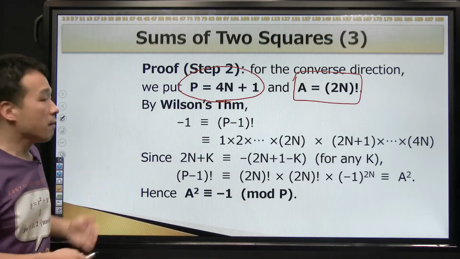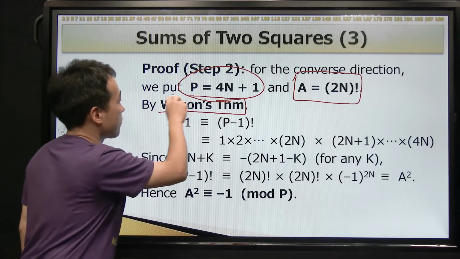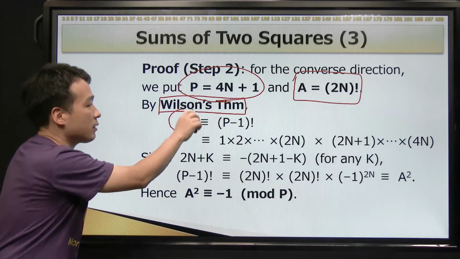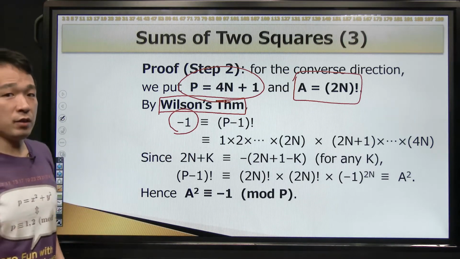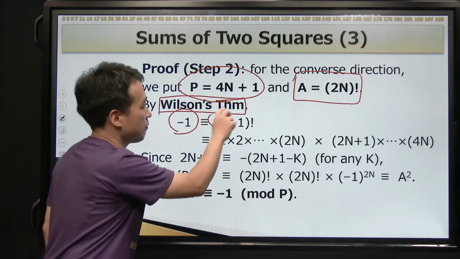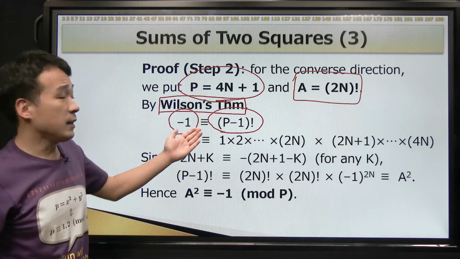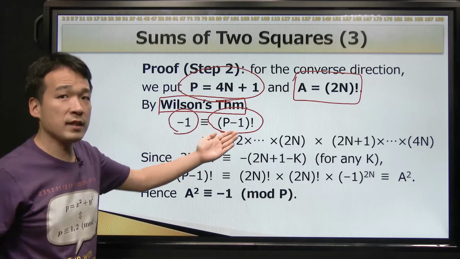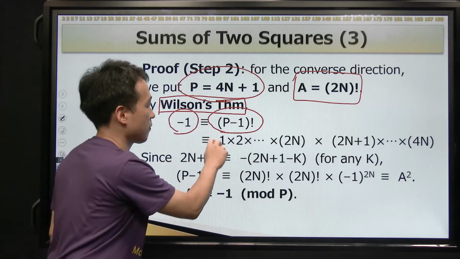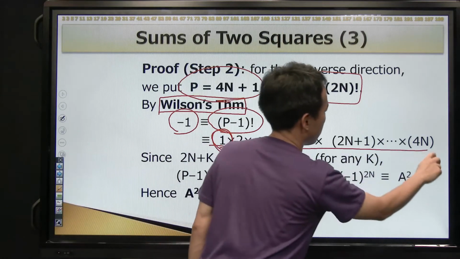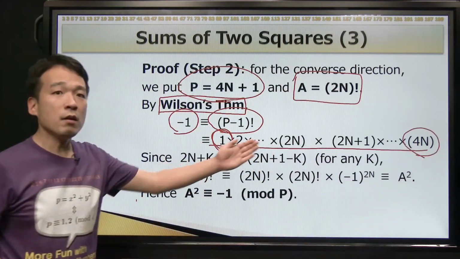Then, by Wilson's theorem, minus 1 is congruent to the factorial of p minus 1. It is the product of all the integers from 1 to 4n.